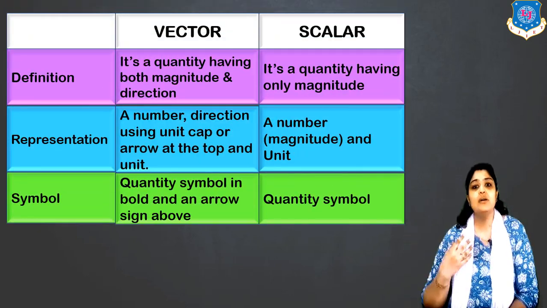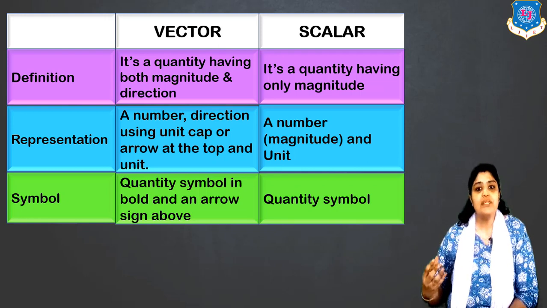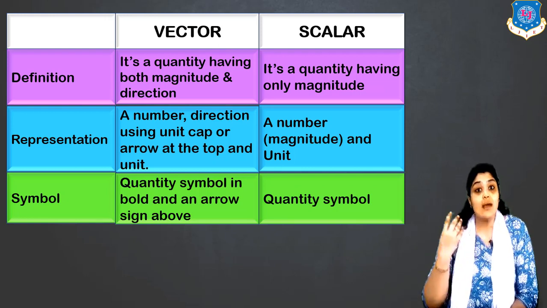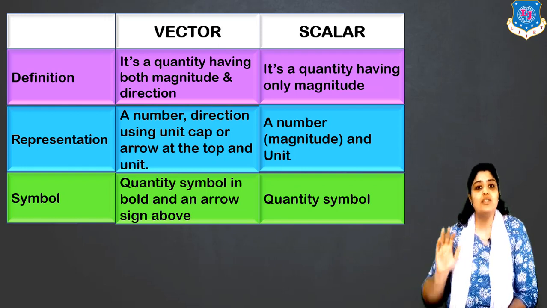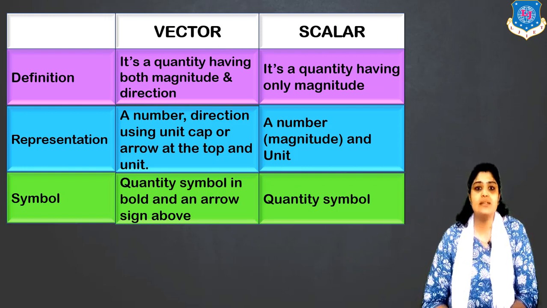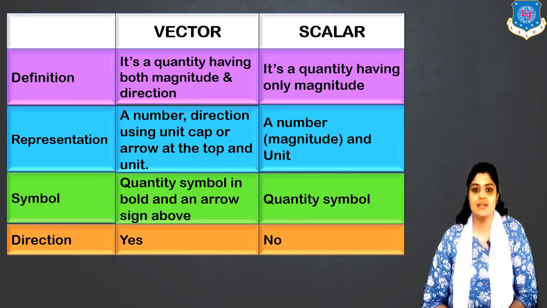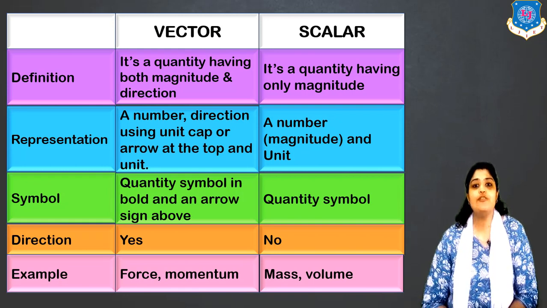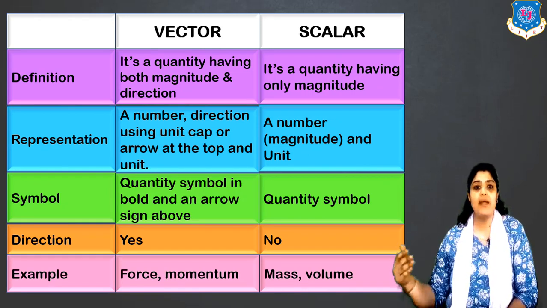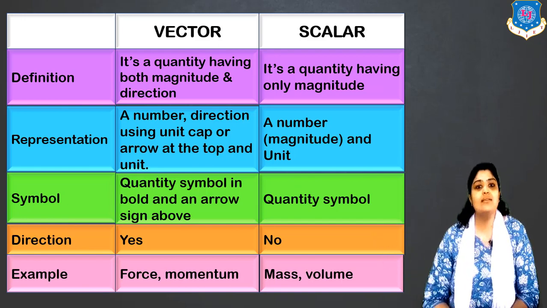Then the symbol: a vector is represented by a bold alphabet and an arrow pointing in the direction, whereas a scalar is just represented by the quantity and its symbol. Vectors have direction whereas scalars don't. Examples of vector quantities are force, momentum, acceleration, whereas scalars have mass, volume, pressure, etc.